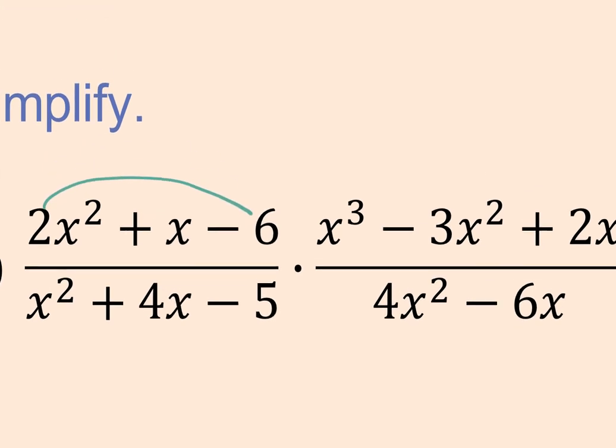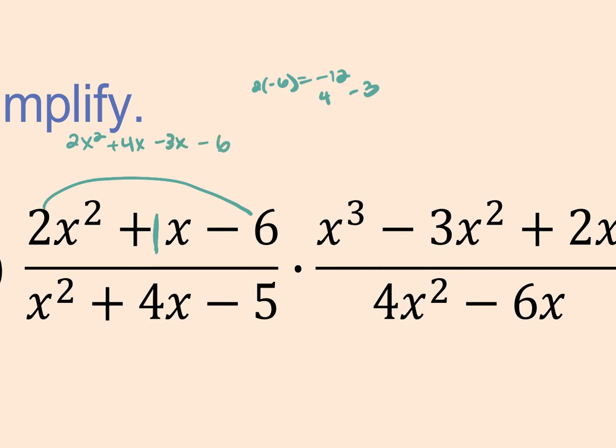So first times last, and I get 2 times negative 6, which is negative 12. Factors of negative 12 that sum to positive 1. What are they? Positive 4, negative 3. And then I'm going to replace the middle term with that. So 2x squared plus 4x minus 3x minus 6.